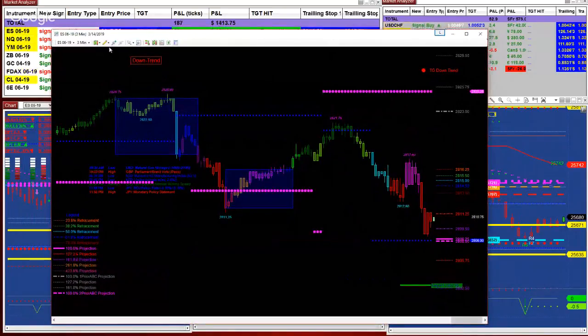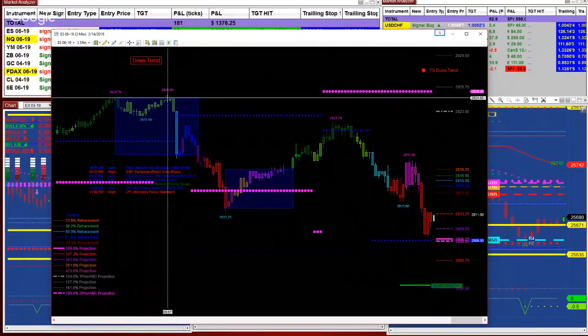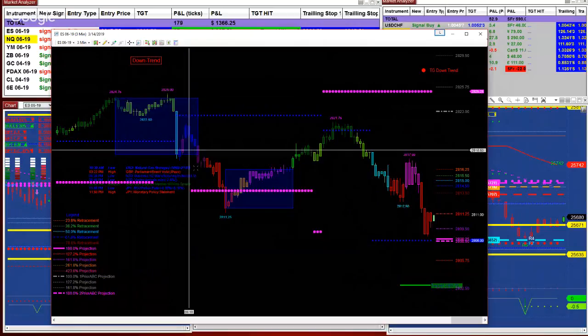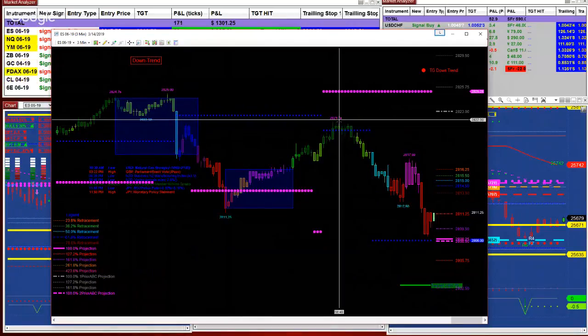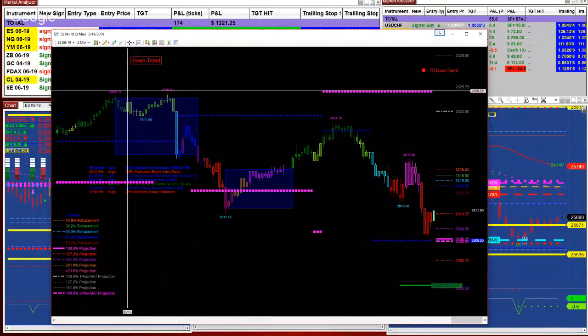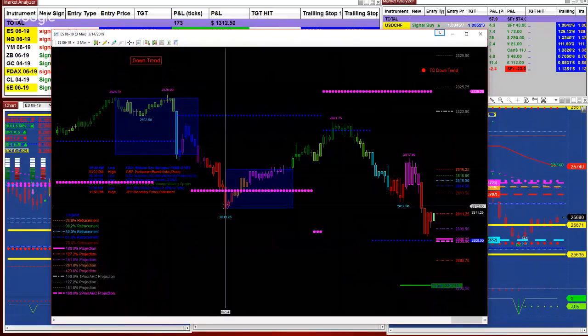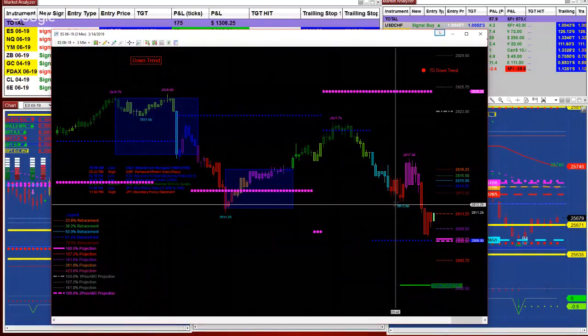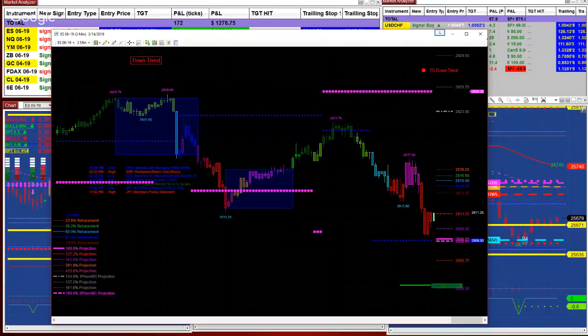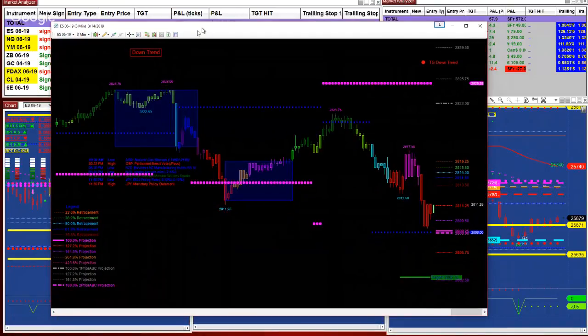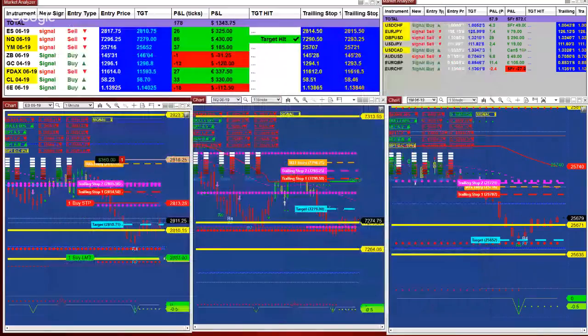What is most important about this chart, we're going to add them because of the symmetry, and also we have an auto trade on those. Look at this, beautiful: 1, 2, 3, 4, 5, 6, 7. This is an amazing indication to reverse the market when you know the market is done.